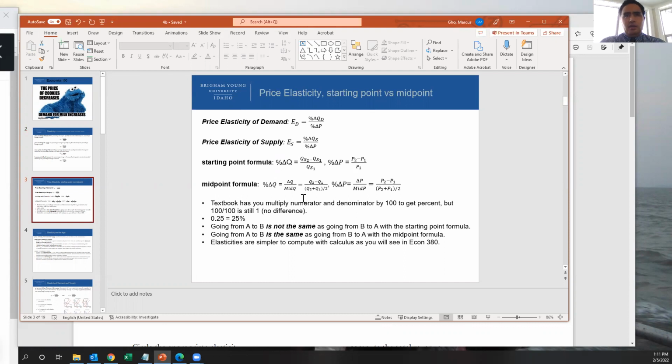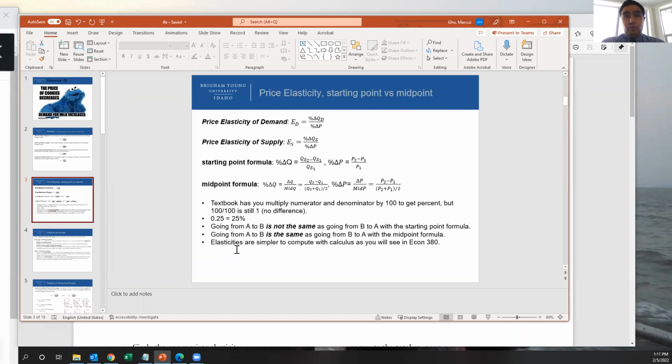The textbook that we use talks about how you multiply the numerator and denominator by 100, but you'll recall that 100 divided by 100 is still 1. You're effectively multiplying it by 1. Ultimately, what they're doing is changing it from a percentage to a proportion to a percentage. When you move the decimal over two times, you slap a little percent sign on, that's the same thing.